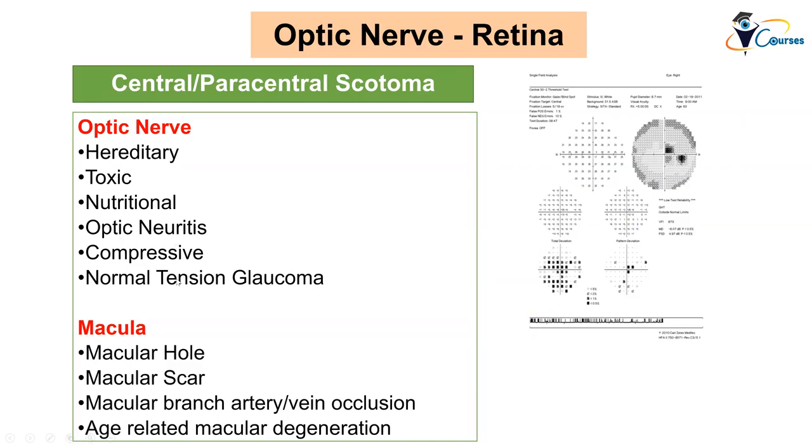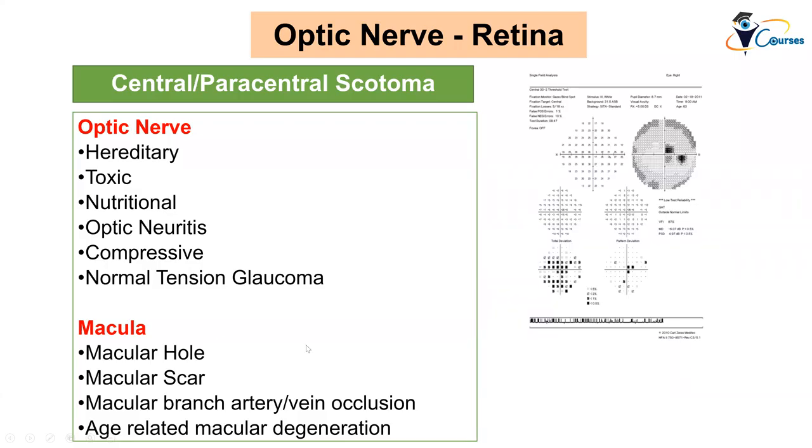Optic neuritis, again, inflammation will result in any kind of visual field defect, but it is more commonly a central or paracentral scotoma, as we are going to see later on. Compressive lesions can also cause central or paracentral scotoma, but it is not a must. It will depend mainly on the direction of the mass and which fibers they are compressing. Normal tension glaucoma can also cause a central or paracentral scotoma.